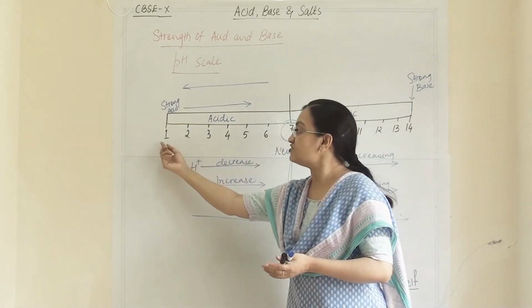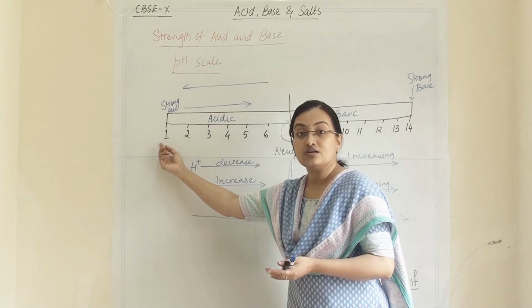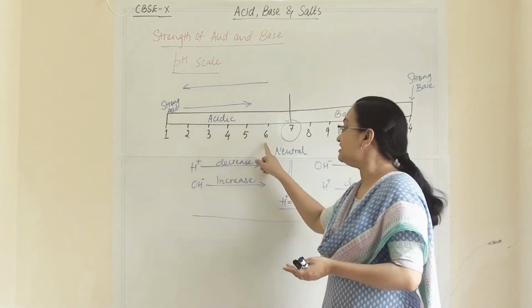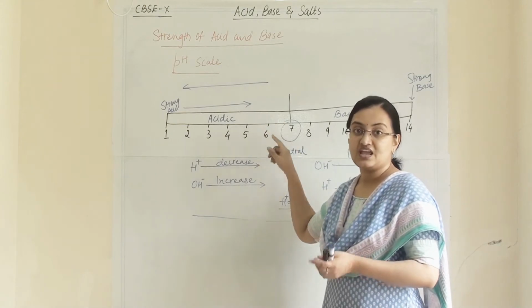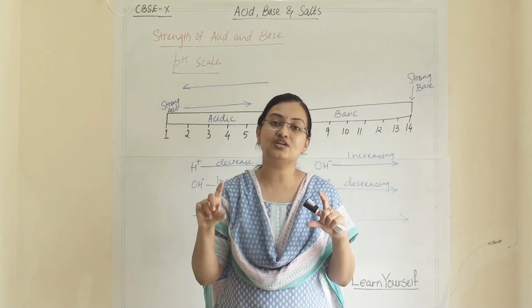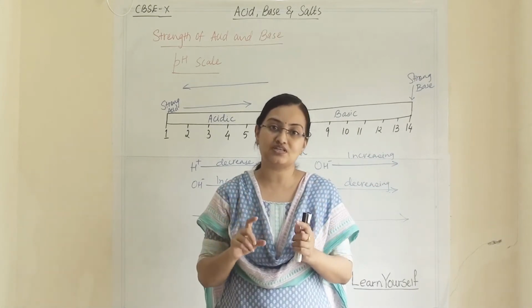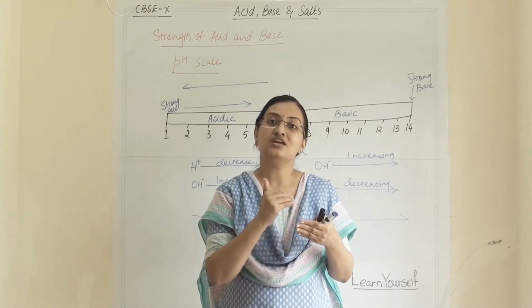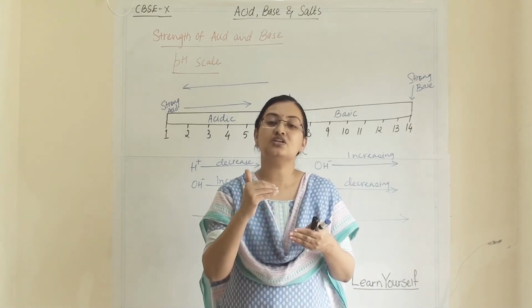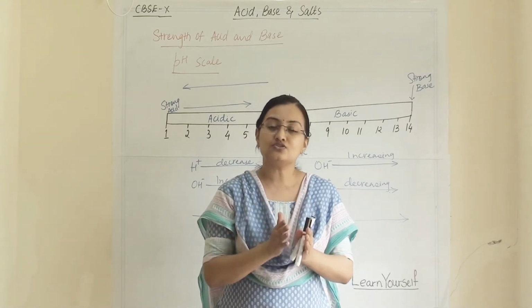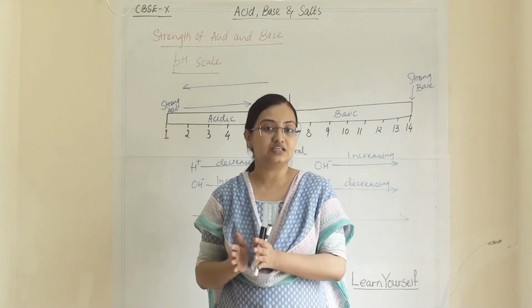Whatever color change you get for pH 1 will be different from the color for pH 6, and that will be mentioned in the barcode of that universal indicator, so that if you see so and so color change, that means the solution's pH is in this range, or that this is the solution's pH.